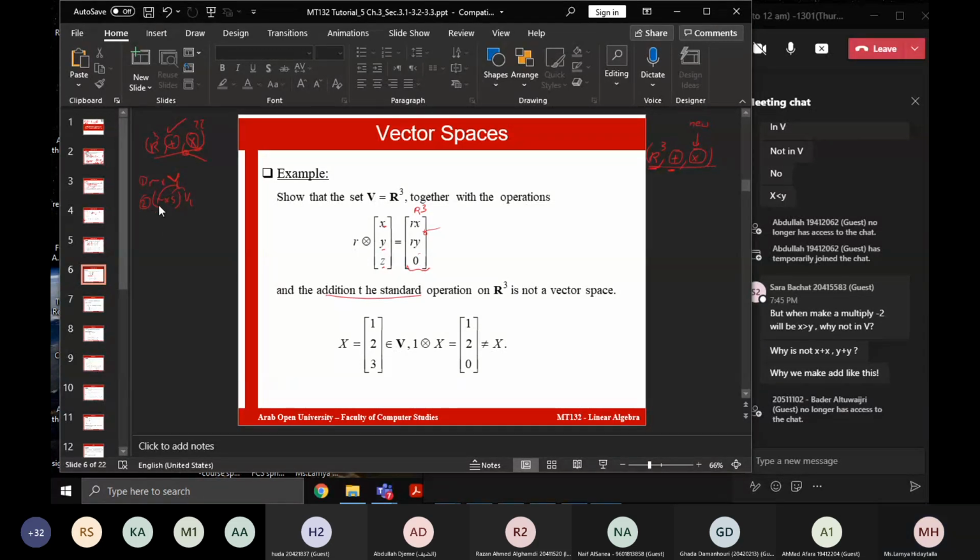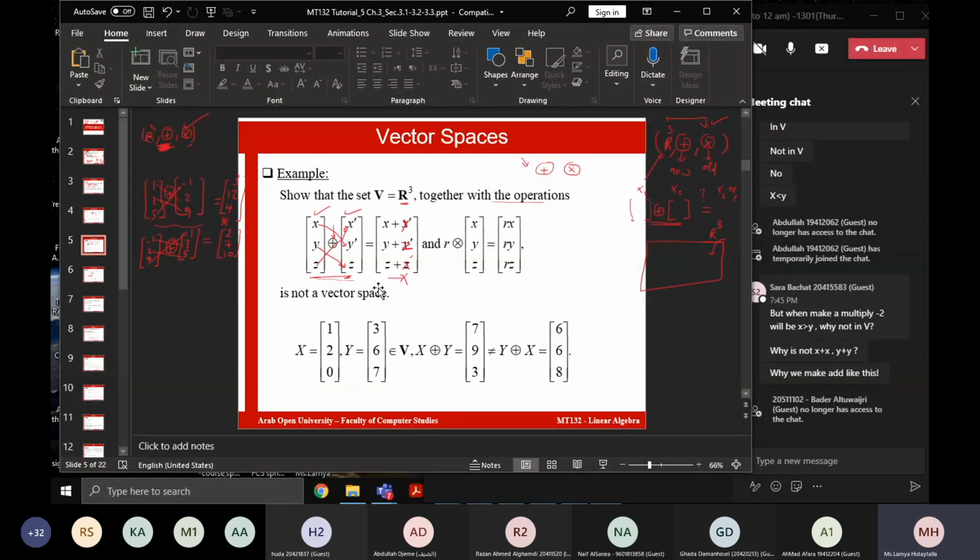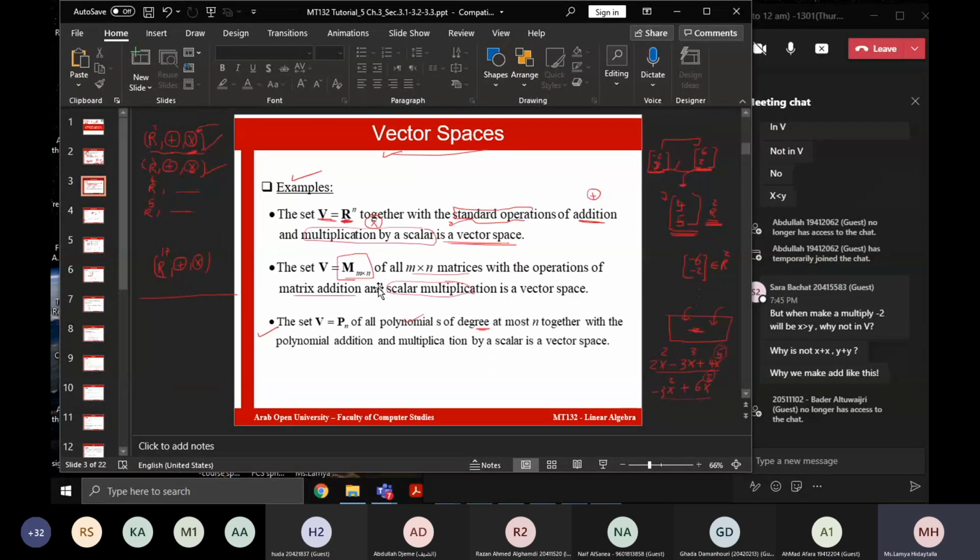Because if here we have x1, y1 and here z1, when you multiply this times this times that, you're going to get the same answer, correct? Even when we multiply the last component by itself, it's 0, then 0 times r. So it's clear, it's not a problem, and you can check it by yourself. There are 5. You have to know them, remember them.